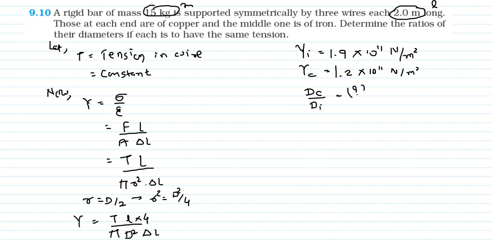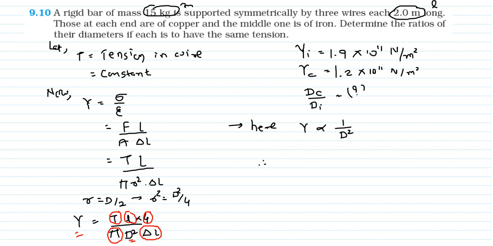Okay friends, now here we can say that the tension remains constant, L remains constant, 4 तो constant है ही, pi is also constant, and increase in length is also constant. That means you can say that Young modulus is inversely proportional to square of the diameter. That means you can say that here Young modulus is inversely proportional to square of the diameter.